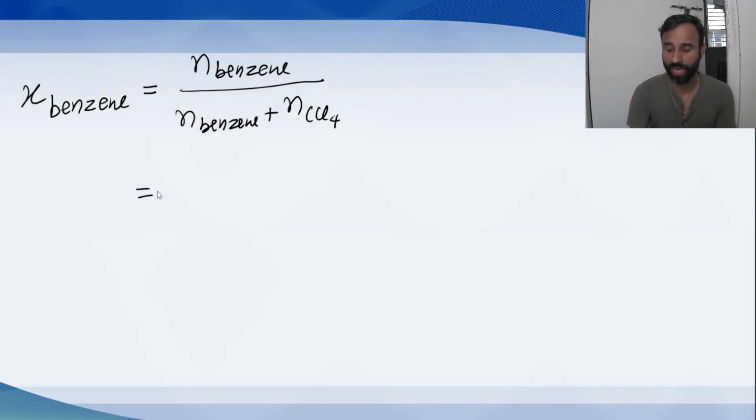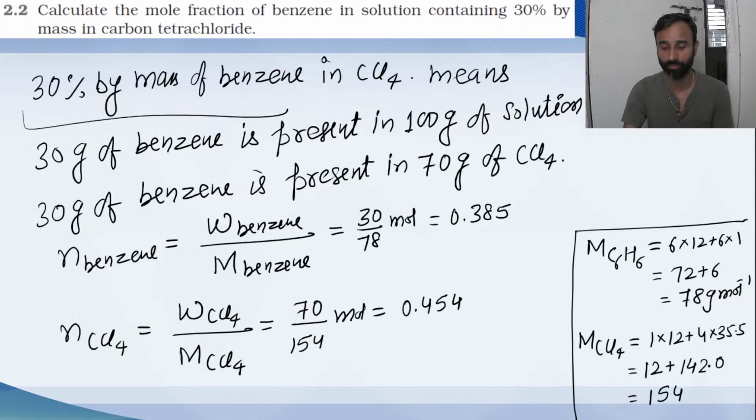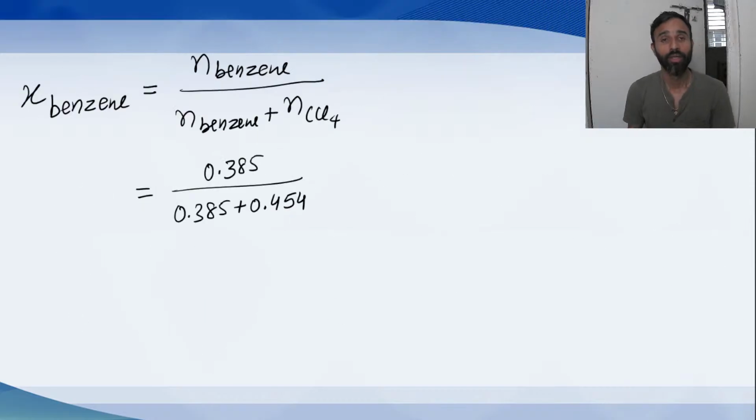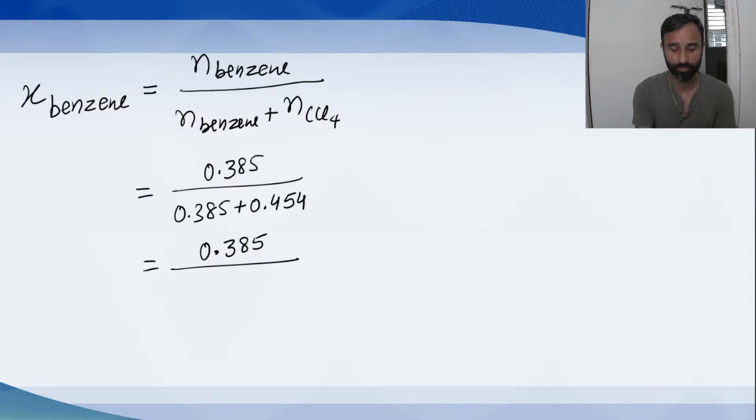So number of moles of benzene is 0.385 divided by 0.385 plus 0.454, that is 0.839.